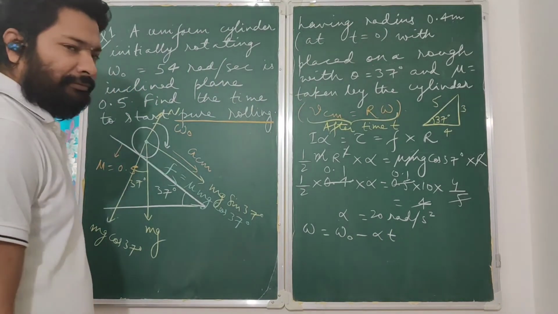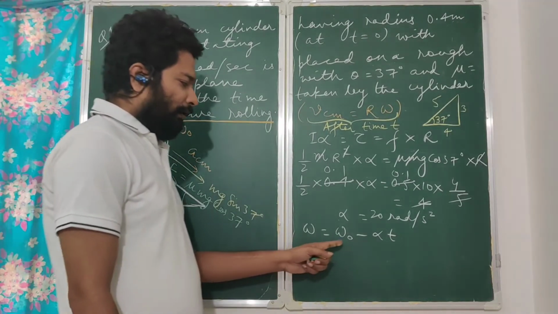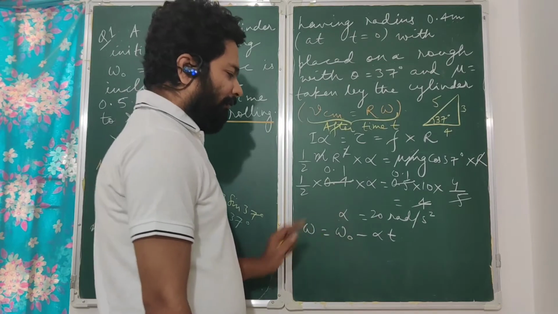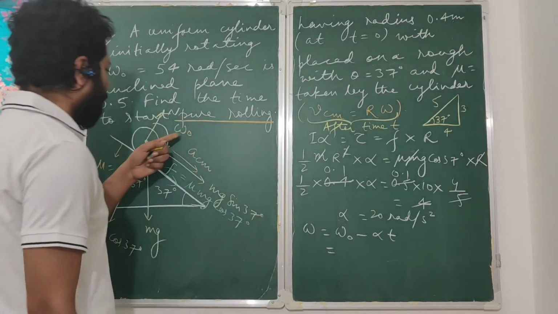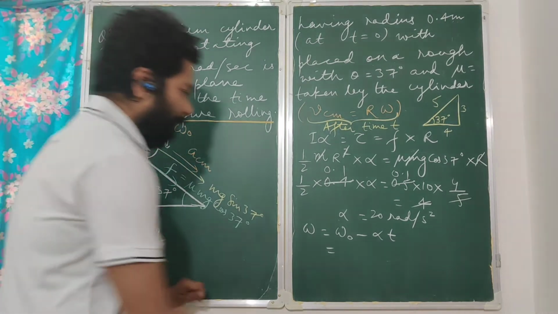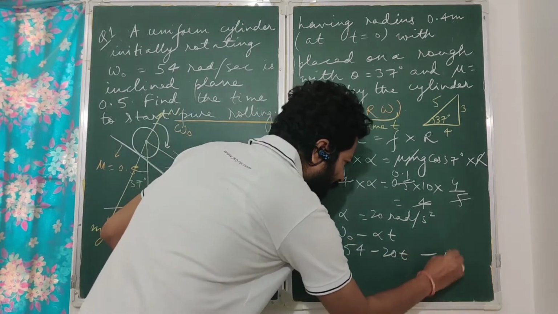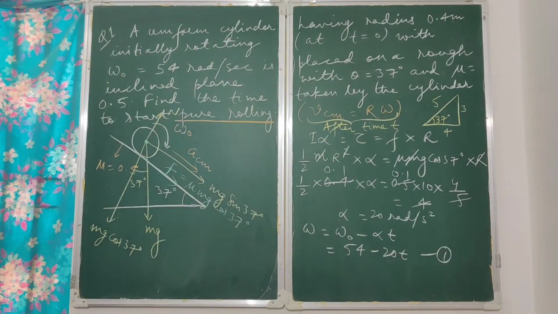Correct? Omega naught, is it given? Yeah, it's given as 54. So keep it as 54 minus 20 into t. So this is one of the equations.